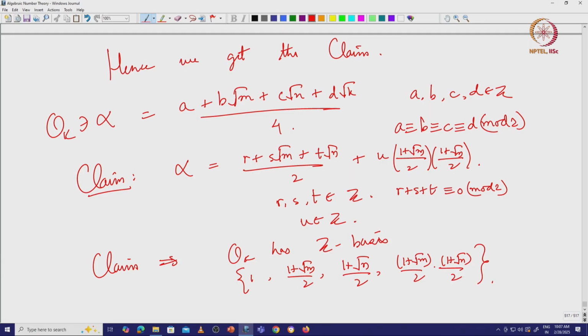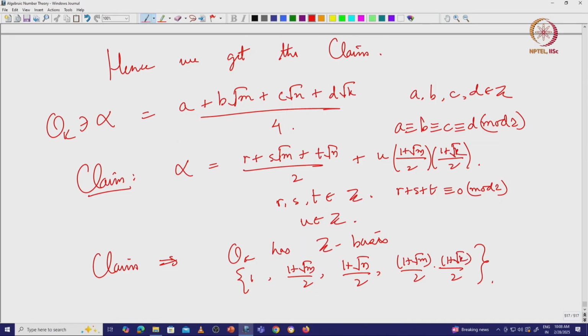It should be clear that all these are algebraic integers, because (1+√m)/2 is an algebraic integer already in Q(√m). Similarly, sorry, there is a typo here, everywhere this should be k, the square root of k.